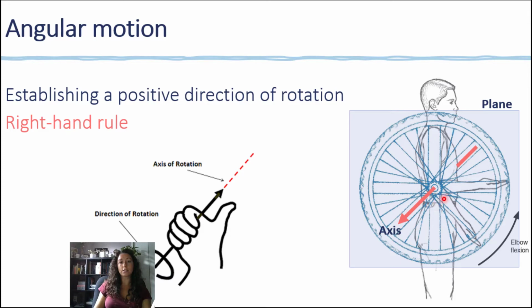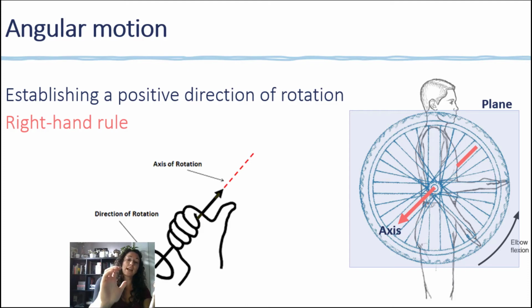And along the axis of rotation, you need to establish a positive direction. So if you situate the thumb of your right hand so that it points in the positive direction directly along the axis of rotation, then the direction in which your fingers just naturally curl is the positive direction of rotation.